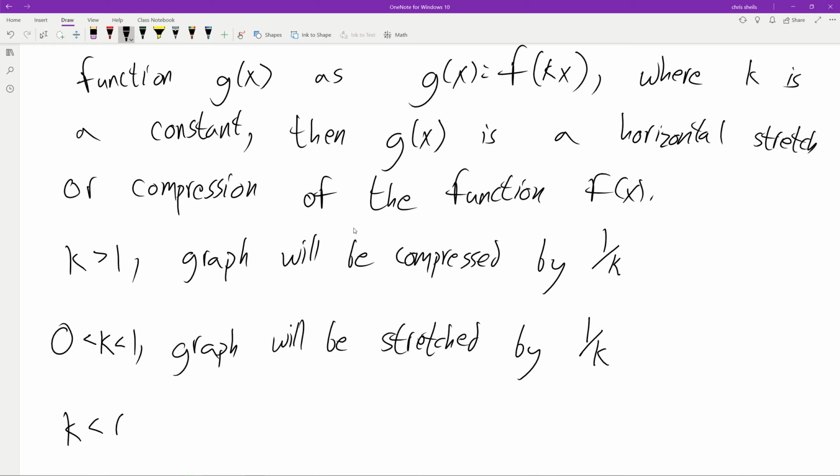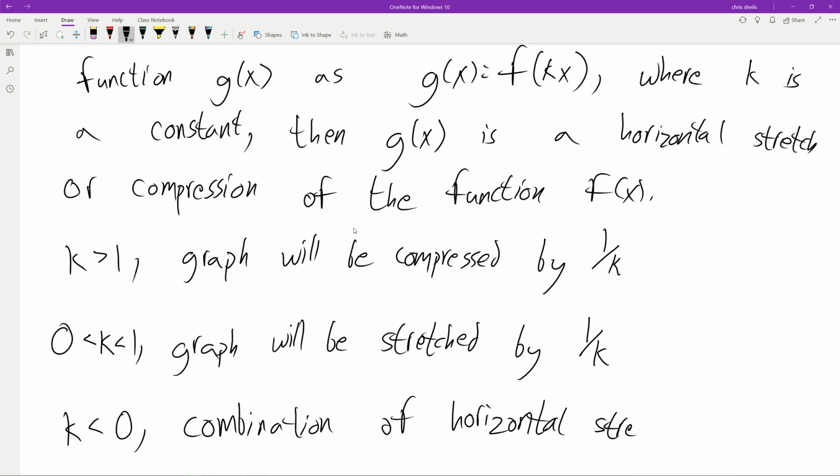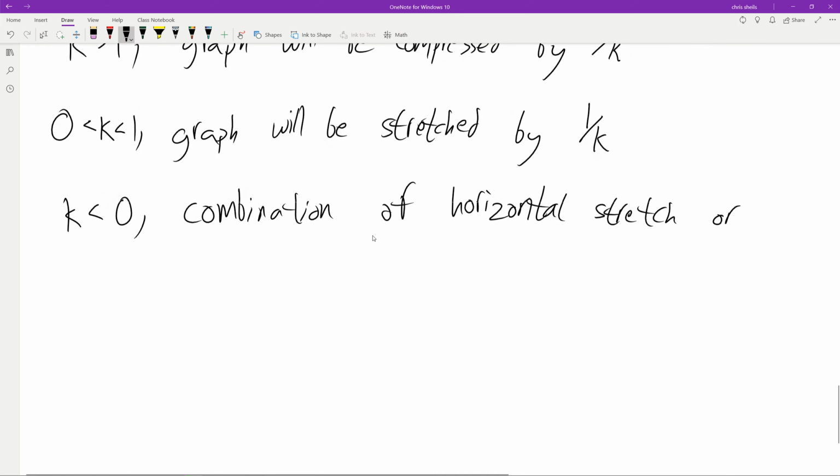And if k is less than 0, there's a horizontal stretch or compression with a horizontal reflection.